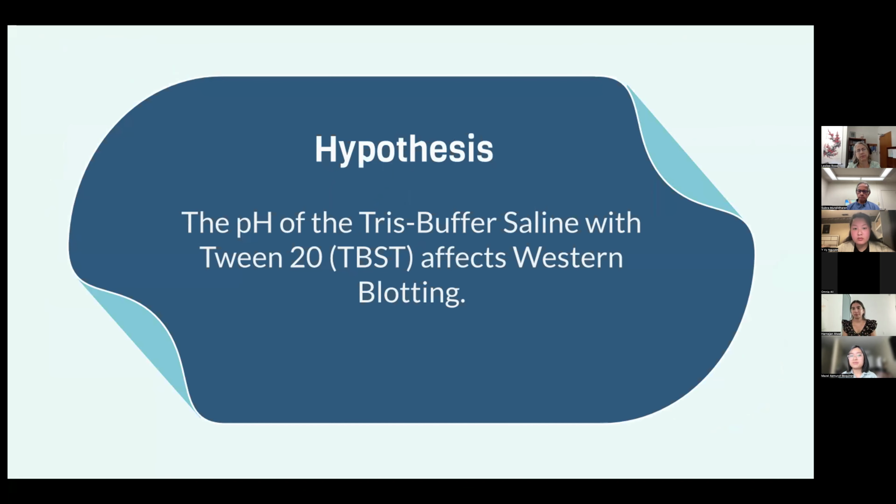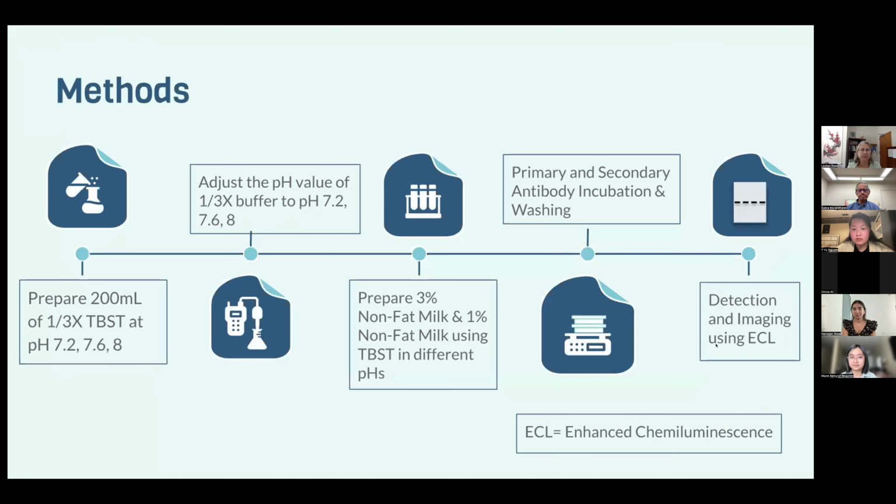My hypothesis is that the pH of Tris-buffered saline with Tween 20, which is TBST, affects Western blotting. I ran the same methods as Omnia. I ran the gel electrophoresis, did a transfer blot, and then prepared 200 ml of 1x TBST, adjusting the buffer to pH 7.2, 7.6, and 8.